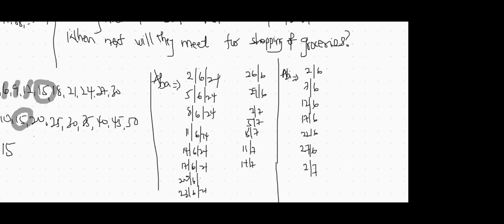Now let's compare. Abba goes to the market on the 5th June, Abby does not. Abba goes on the 8th June, on the 11th June, on the 14th June. Abby does not.